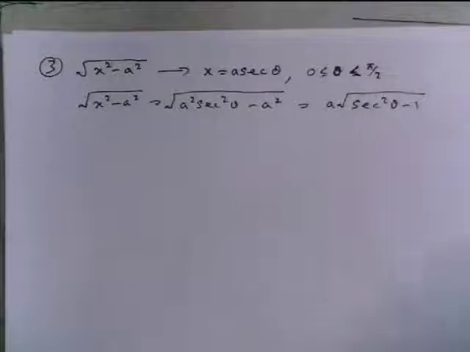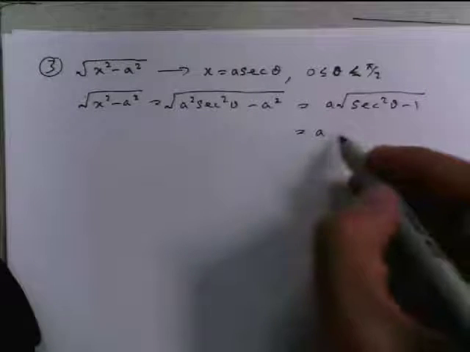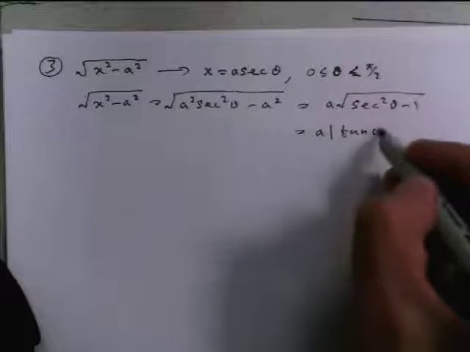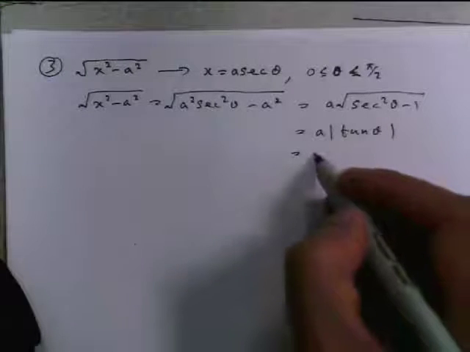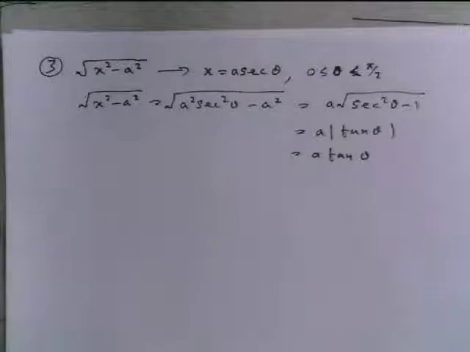Tan squared theta. So this simply becomes a times the absolute value of tan theta, and this is a tan theta because in this range tan is positive. So that's the trick. That's what we do. We just try to rewrite the integral using trigonometric functions.